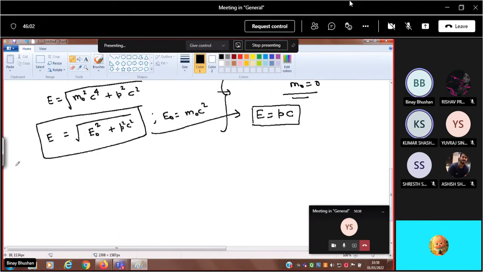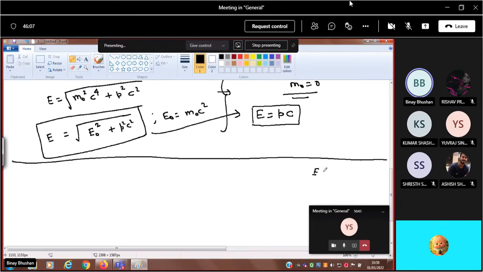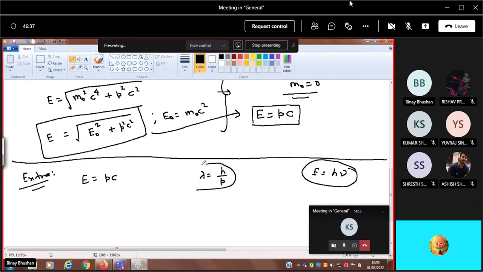Now you can see everybody knows this, that the energy of a photon is equal to h nu. And this is something extra which we will understand in quantum mechanics. How did this come? Because the energy of a massless particle is given by PC, right? And you know that the de Broglie wavelength is given by h by p, right?